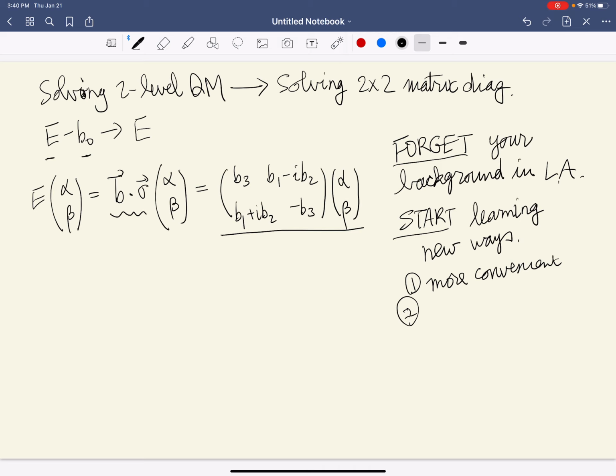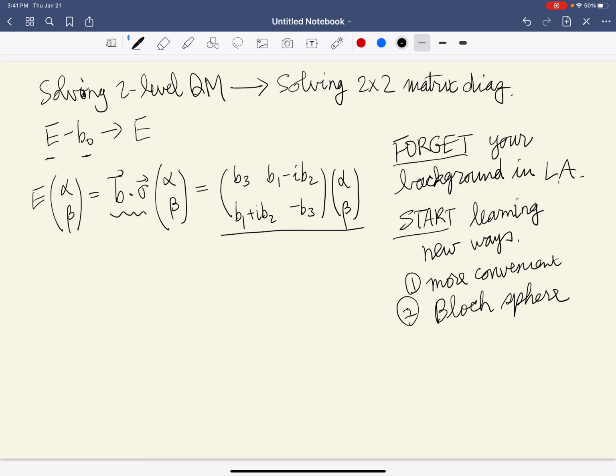Actually, the deeper reason why I want to do that is because it's connected to a deep notion of a Bloch sphere. This notion plays a very important role in the way we think about quantum computation and how the two-level quantum state evolves over time.